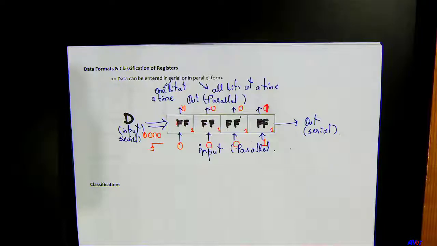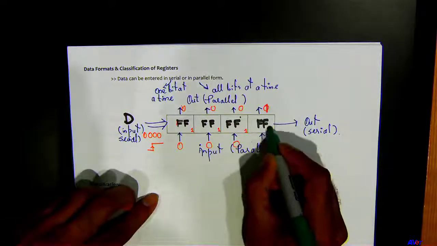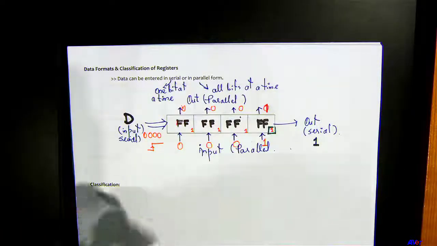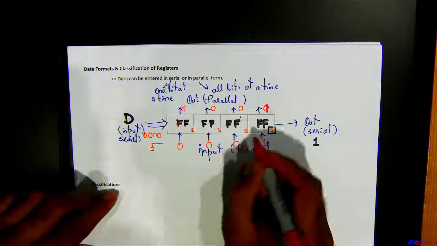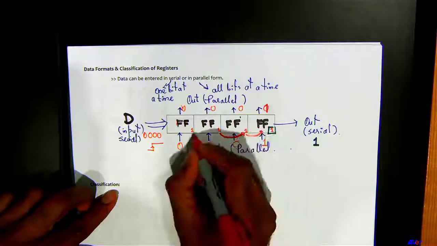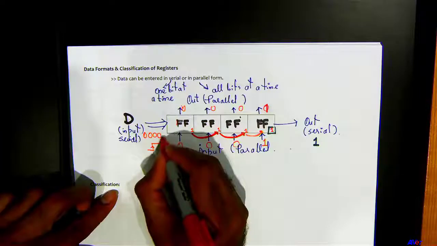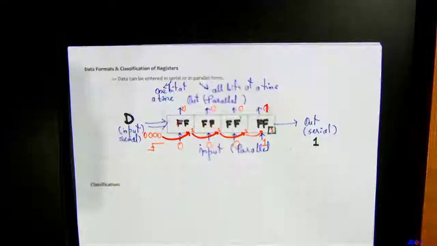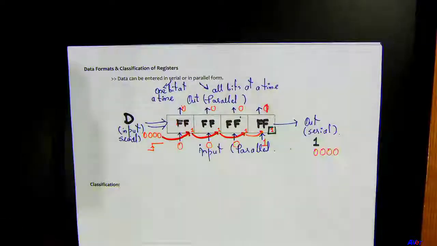After one clock cycle, this one will move one here, right? Now what are the new values here? This one will move here, this one will move here, this one will move here, and this 0 will move here, correct? So it will shift to the right one by one on every clock cycle.